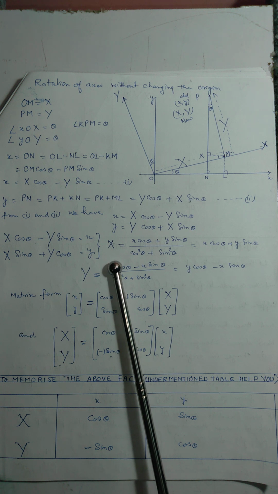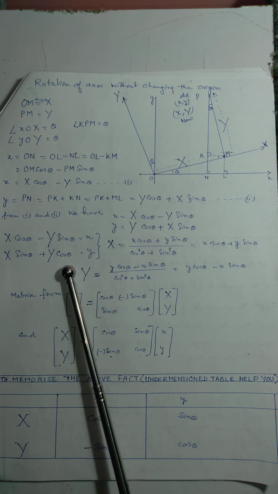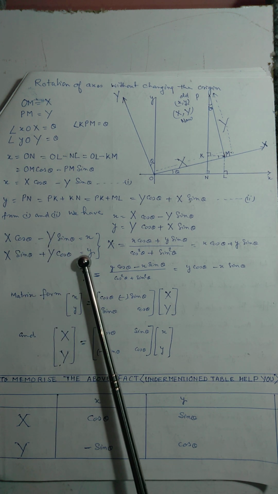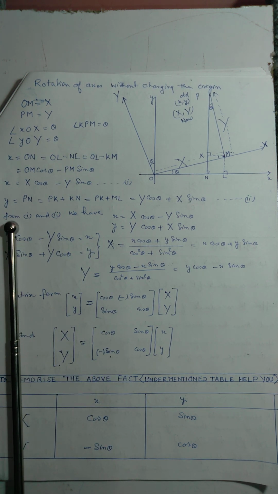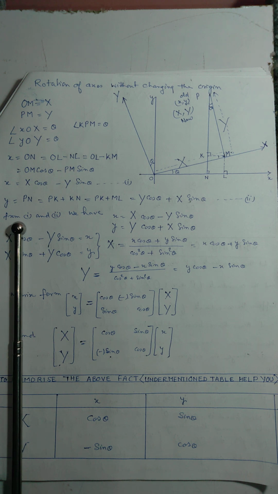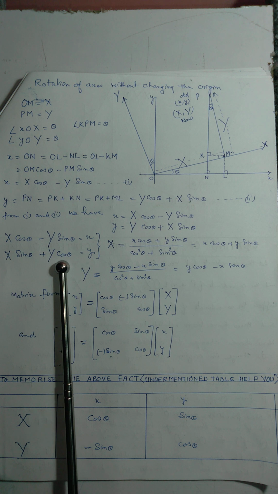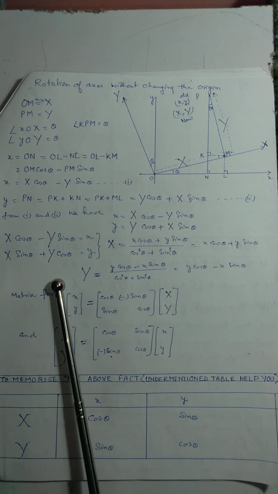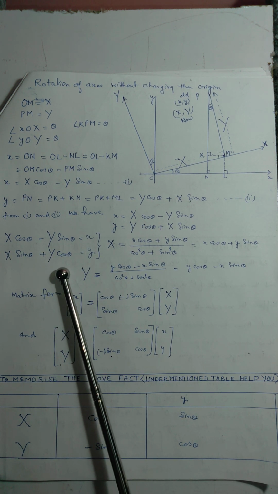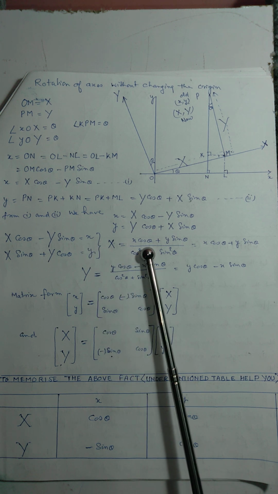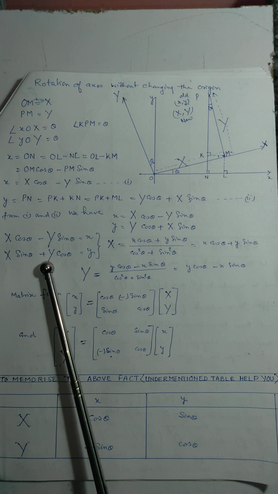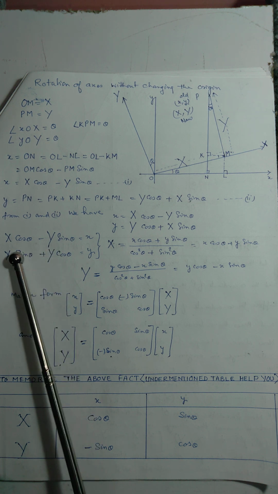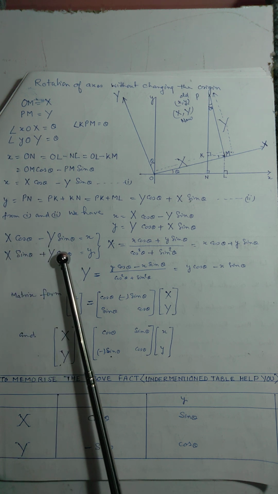So for capital X, with the help of the cross multiplication method, we cover the X part and cross multiply LU, that is left to up. So cos theta into small x, x cos theta, minus LD.